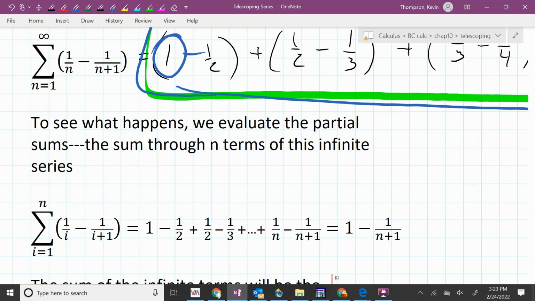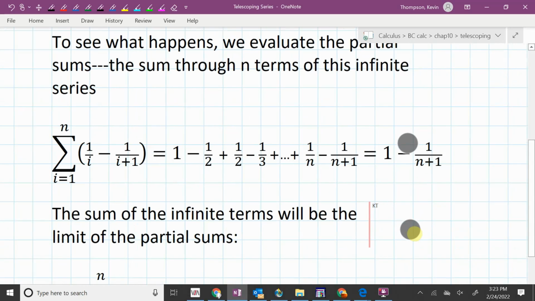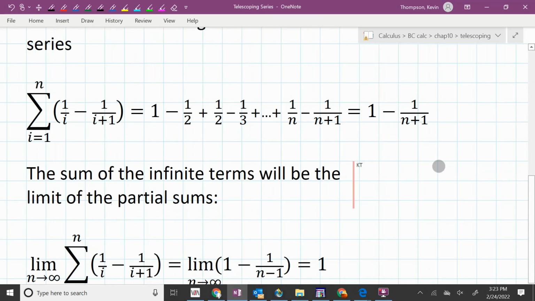So, how does this help us decide whether it's going to converge or diverge? It's this statement right here: the sum of the infinite terms will be the limit of the partial sum.